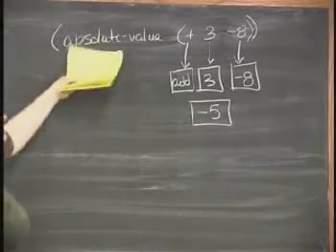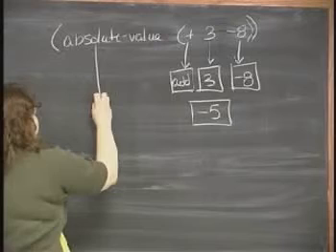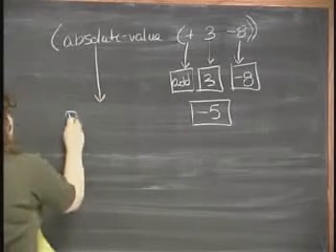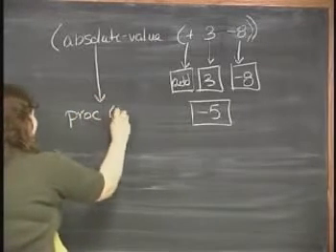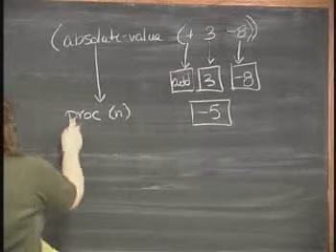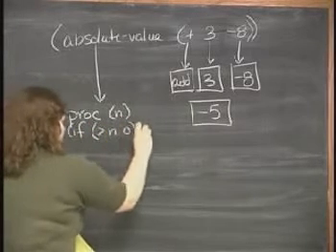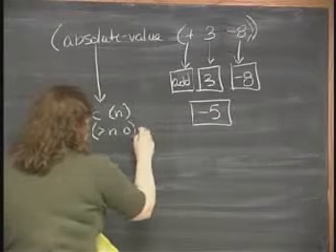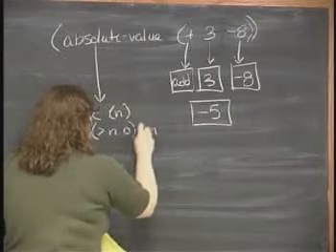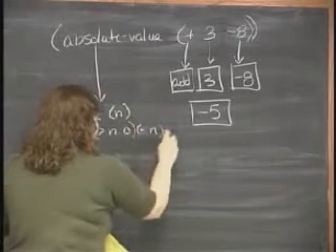Okay, let's find the value of this sub-expression. Well, this is a procedure of one argument whose body is if n less than 0, minus n, else n.